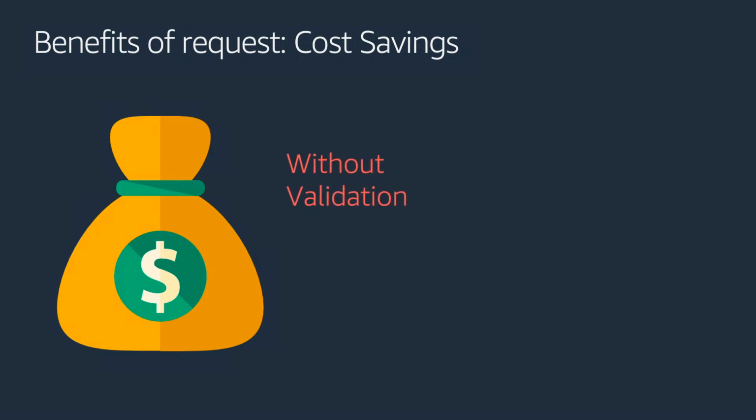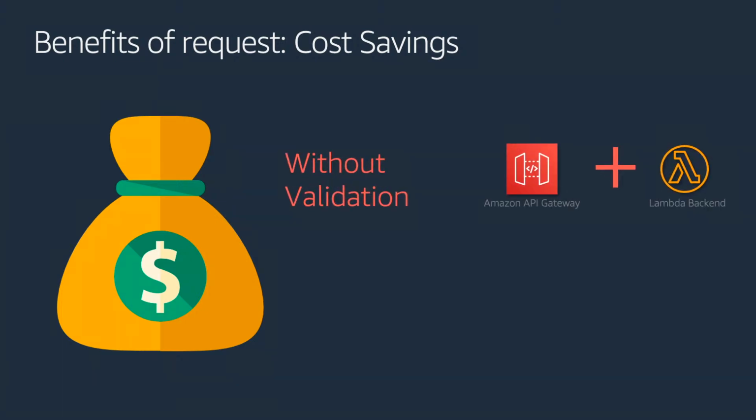When you do a request without validation, you are going to pay for both the API Gateway cost as well as your Lambda cost, because the request is going all the way to the backend. And if you have DynamoDB or some other backend, you can add the cost of those requests for read and write as well.